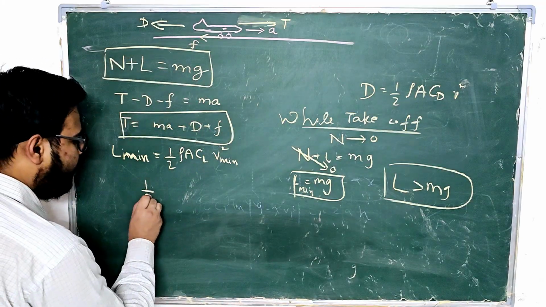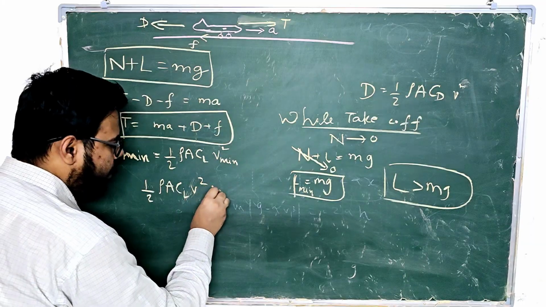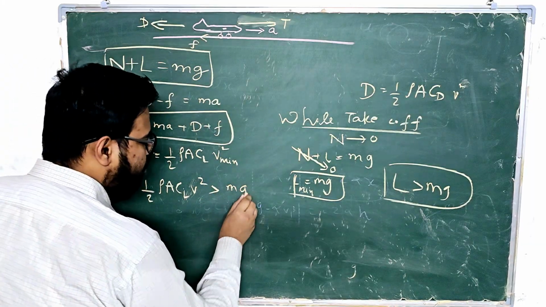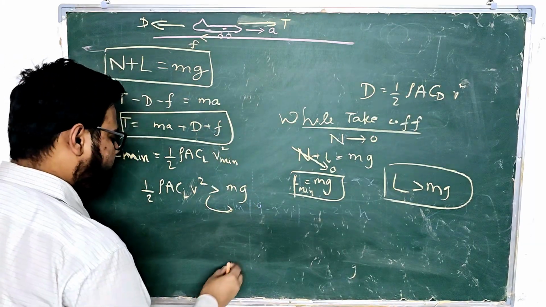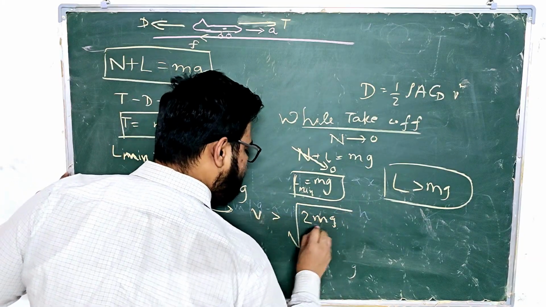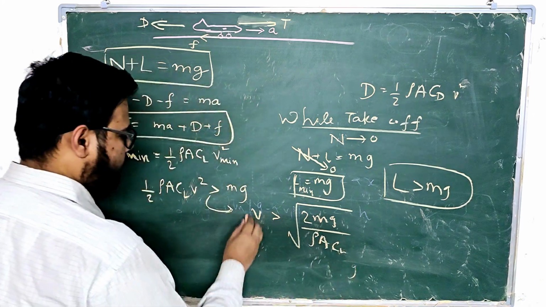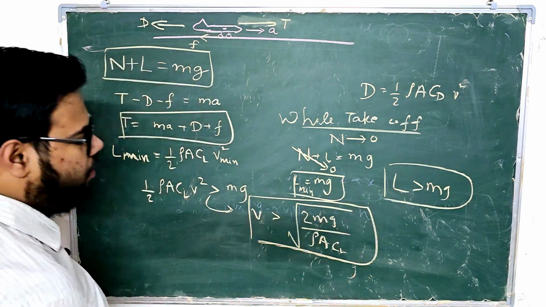So we will have half rho A C_L V squared should be greater than mg for takeoff, which means that velocity is greater than the square root of 2 mg by rho A C_L.